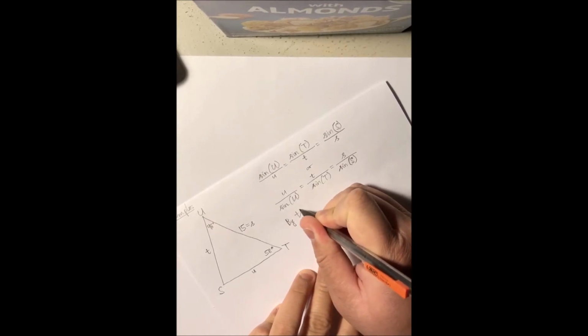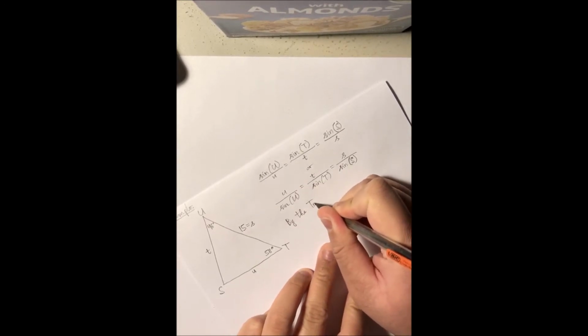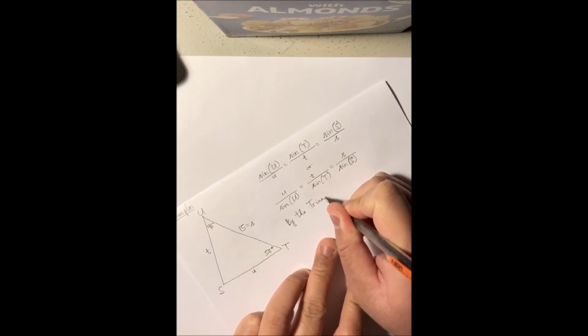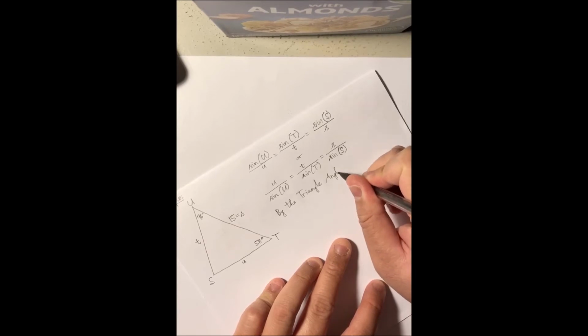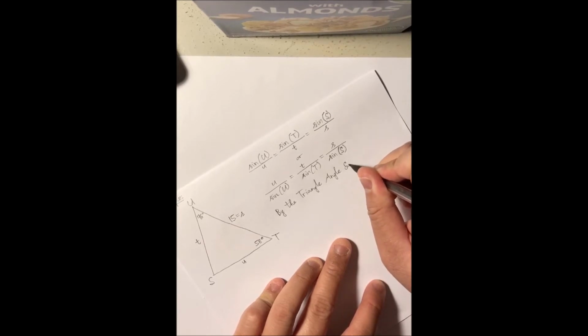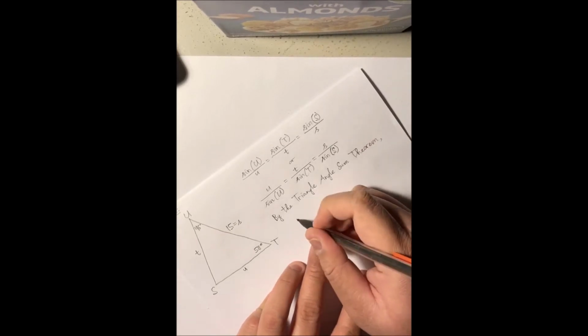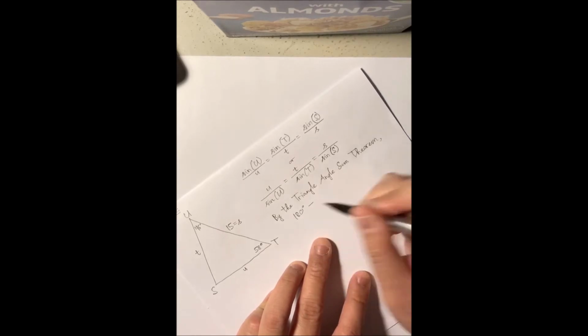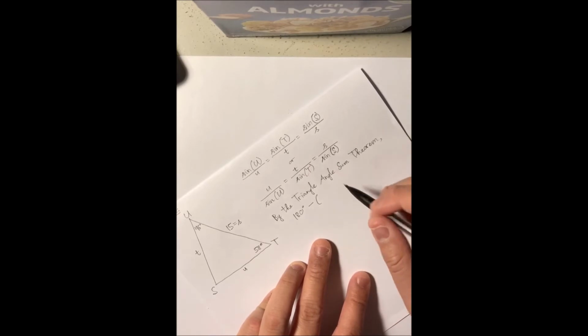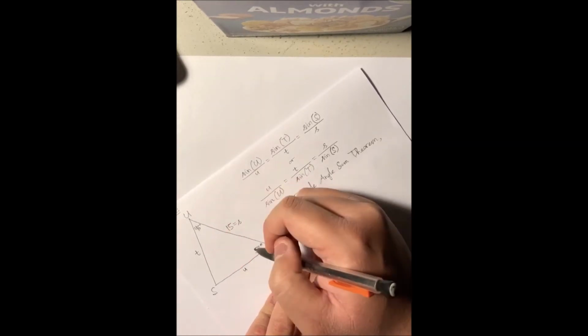Well, if you say by the triangle angle sum theorem, you get to take 180 degrees and you subtract the sum of these two angles, okay?